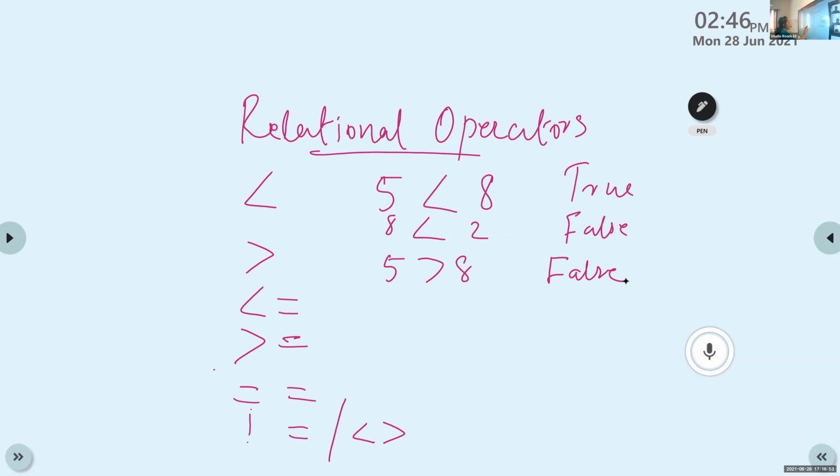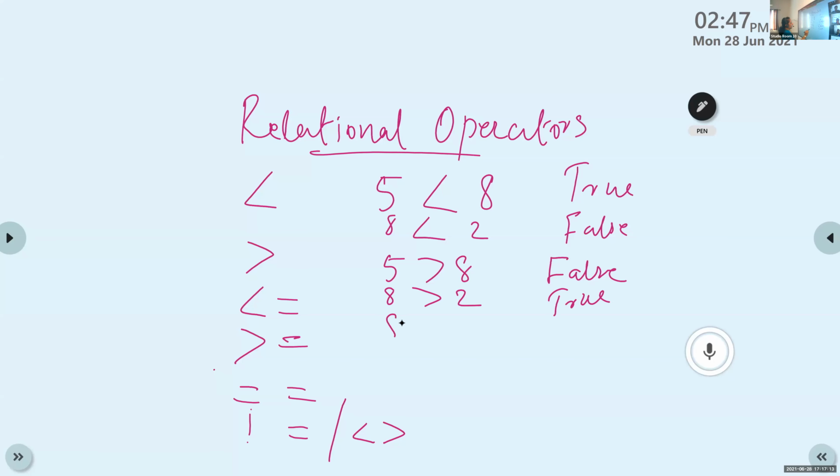So after comparison, the result is false. What about 8 greater than 2? True. It is true. Correct.